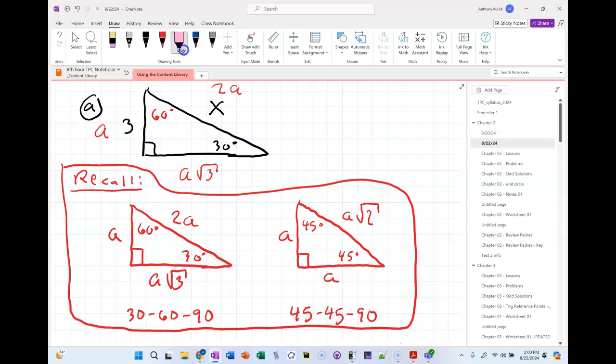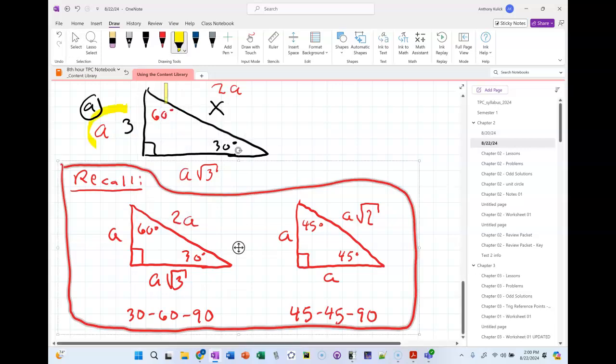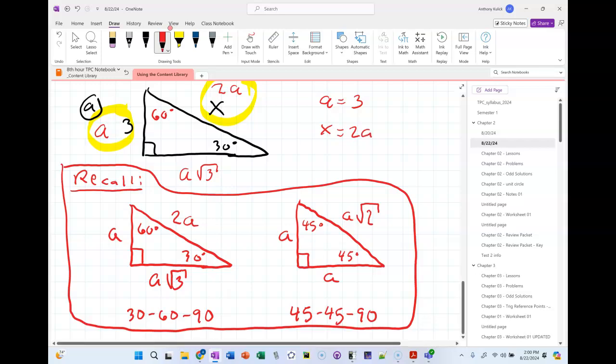Okay. So if I look, I see that A has to equal 3. So far, so good. And I see that X has to equal 2A. Well, if A is just 3, that means X just has to be 6. And I'm done. There's my exact answer.